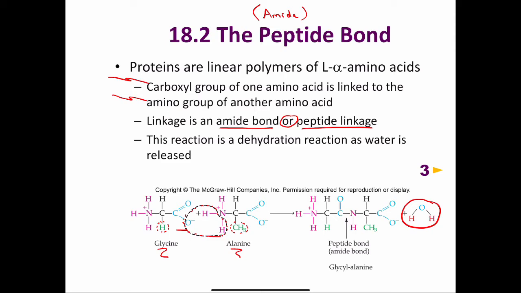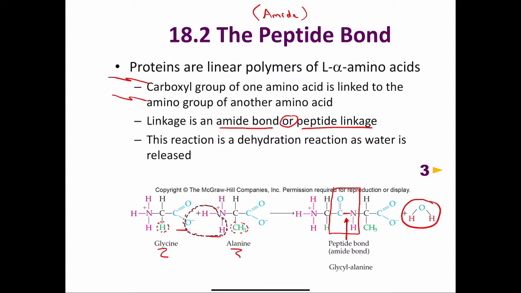Our peptide bond is this bond here that's highlighted by the black arrow. If I wanted to circle the amide functional group, I would have to circle the carbonyl and the amine all together. So there we go. That specific bond, this one here, is what I call my peptide bond. If we were going to name this dipeptide, we would call it glycylalanine.